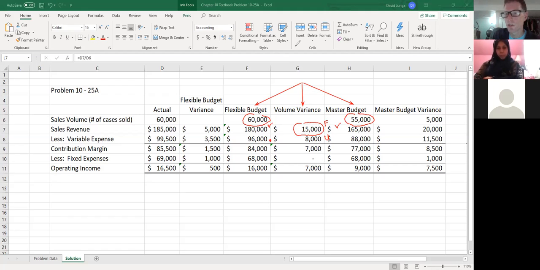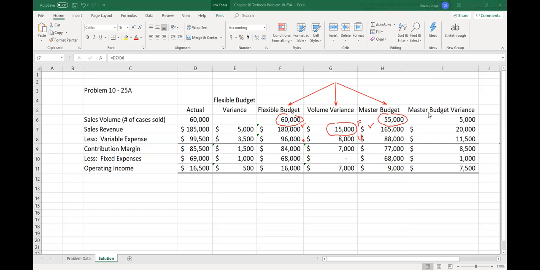Now, once you've got that, the last thing I'm going to bring up is the last column, which is how they come up with this master budget variance. All right, so guys, this master budget variance, and I'm going to use my stylus here. First of all, this 5,000, we all know where that's coming from.